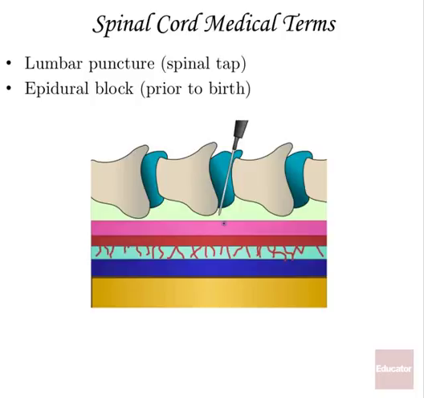So if you inject it in the lumbar area, you're pretty much covering the area where those labor pains are normally felt. So an epidural block is done prior to birth to minimize the pain of childbirth. And once again, they don't want to go too deep with that injection because you could cause some spinal cord damage.